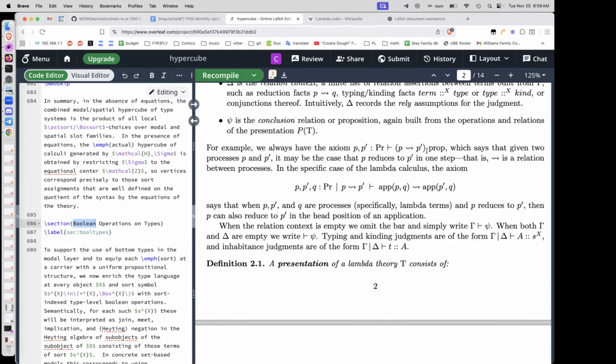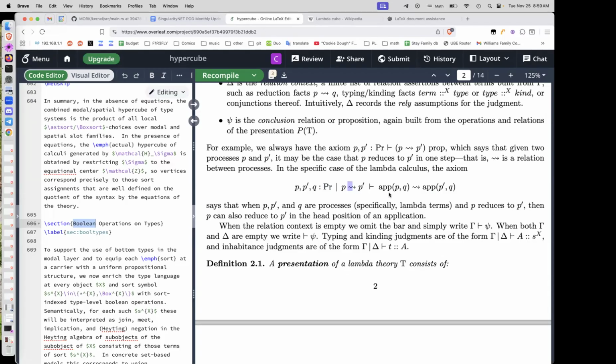And Christian Williams has written up a big paper about this being part of a presentation of a lambda theory, which is a category with finite limits, closed with respect to the product, with a distinguished object called PR and a distinguished relation that is the squiggle arrow for reduction.